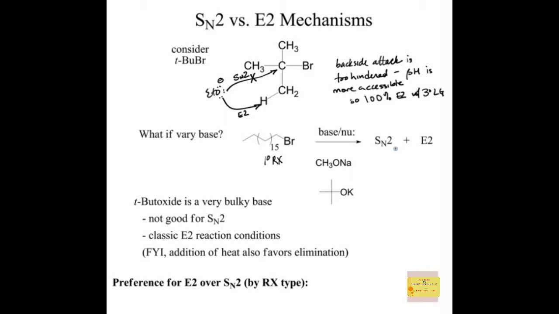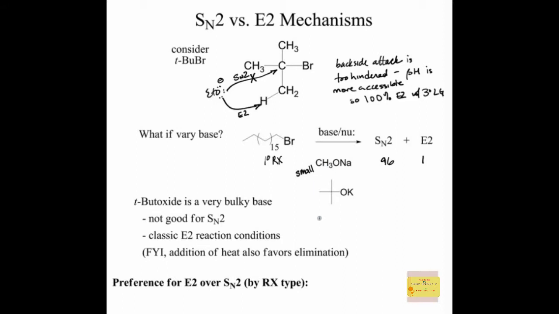What kind of mixture do we get, distribution between SN2 and E2? Well, if we use a small base like methoxide, the same thing we just saw on the previous slide, SN2 is favored because there's very little steric hindrance for a primary carbon, and we get something like 96% of the SN2 and maybe just a little 1% of the E2.